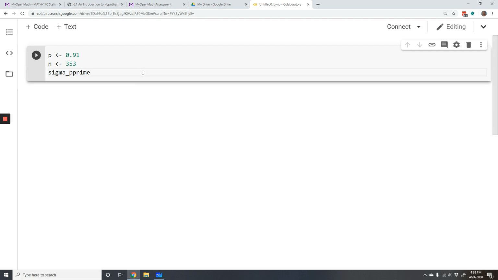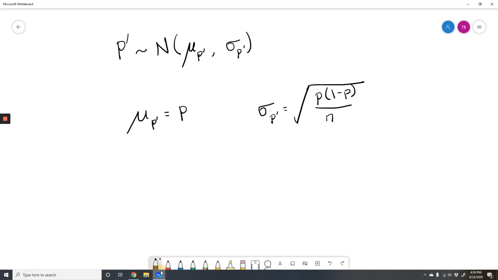And so our sigma sub p prime is going to be the square root of p times 1 minus p divided by n. All right? Here, I'm just using the formula according to the central limit theorem for the standard deviation of sample proportions.